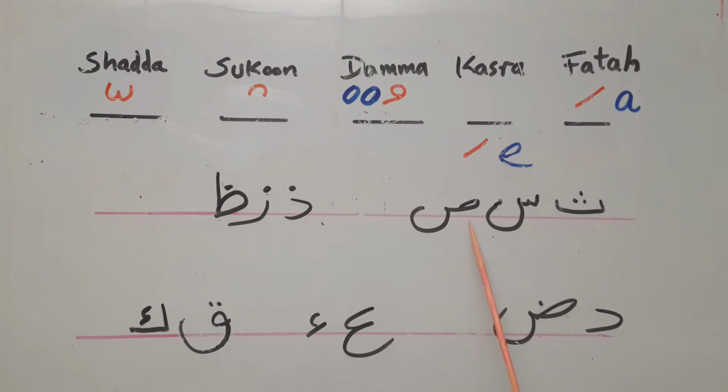seen, sod. Okay. Then you have three letters here: dal, zay, and za. Dal, again, you stick your tongue out a little bit to say dal, and for zay, this is similar to the seen and sod, they're at the same makhraj in the bottom teeth, just behind the bottom teeth, and so you say zay.